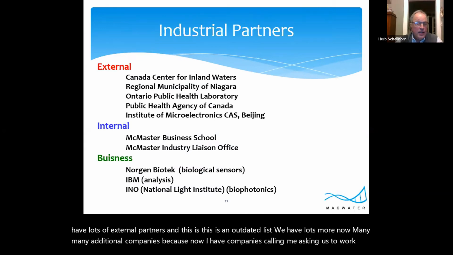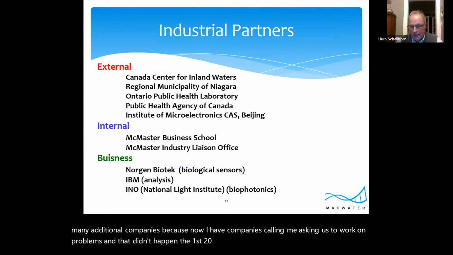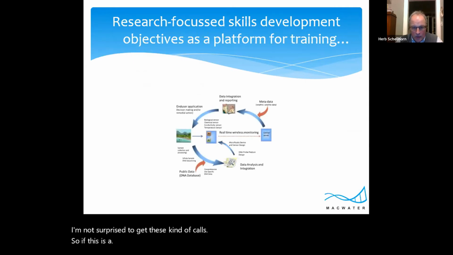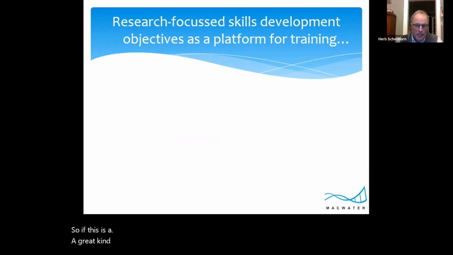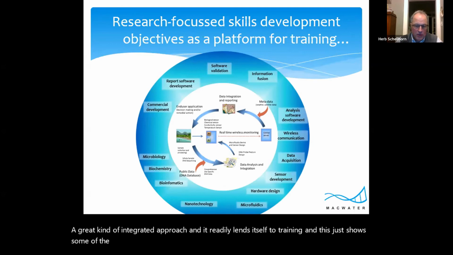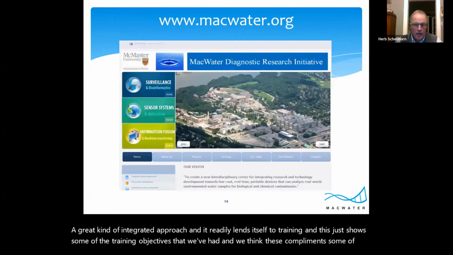That didn't happen the first 20 years I was at McMaster, but in the last few years, I'm not surprised to get these kinds of calls. This is a great integrated approach, and it readily lends itself to training. This shows some of the training objectives that we've had, and we think these complement some of our academic programs really well.